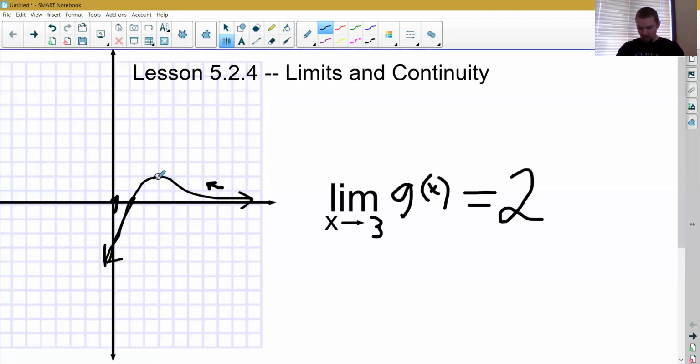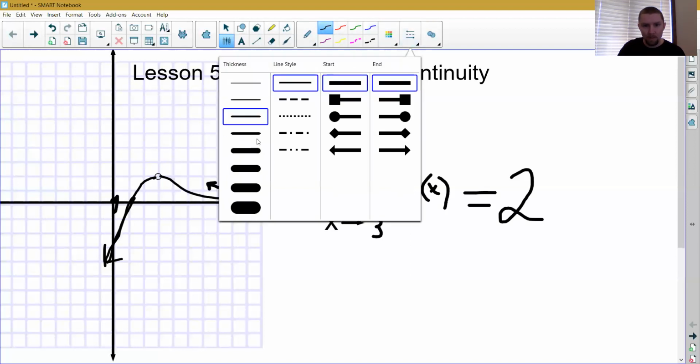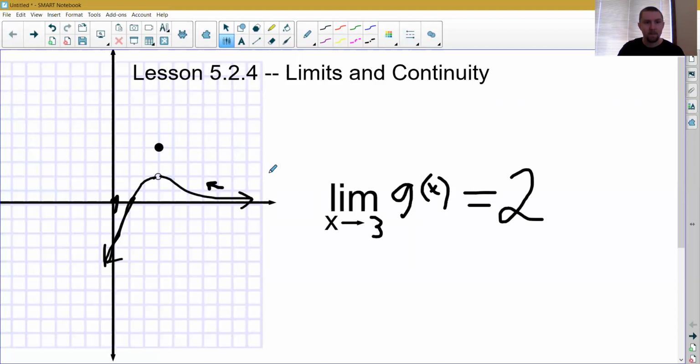Below g of x, they have a function h of x, which is very similar, except they add a point up here, like right there. So this is their function, where the hole in the graph actually does have a y value at x equals 3.